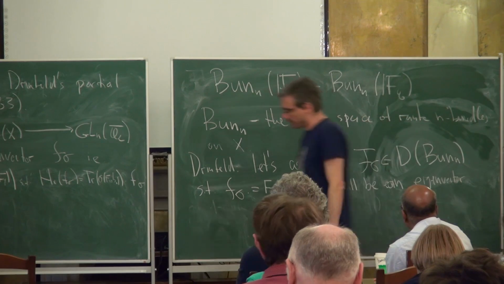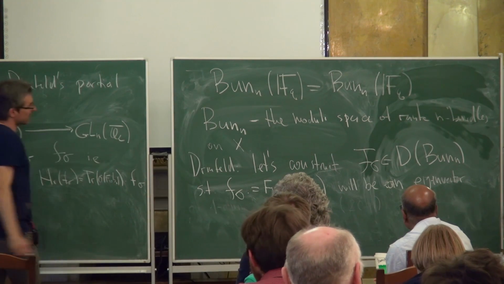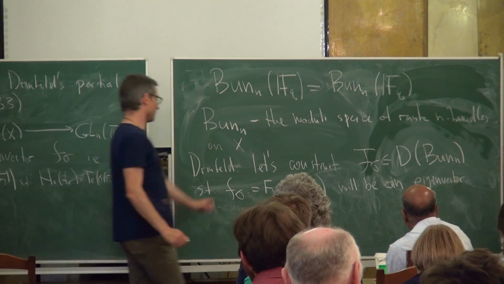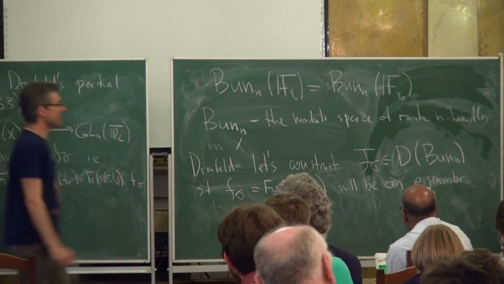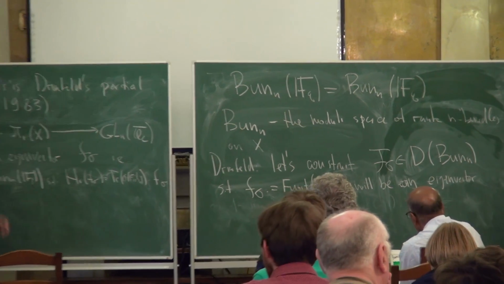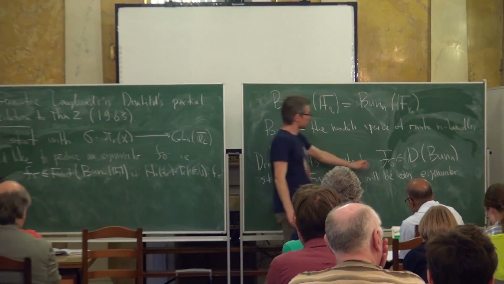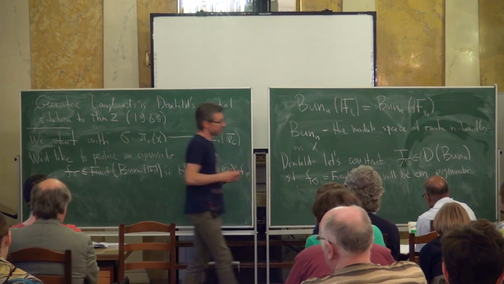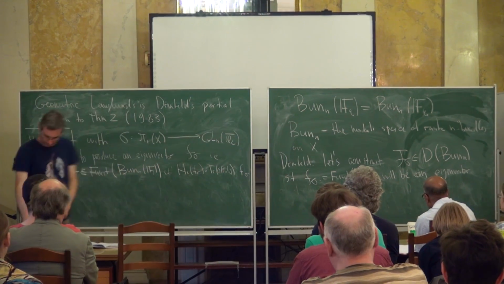But then the next question he asks himself is, can we encode the property of the function being an eigenvector by some property of the sheaf itself? So he asked this question, and he came up with a very beautiful answer.